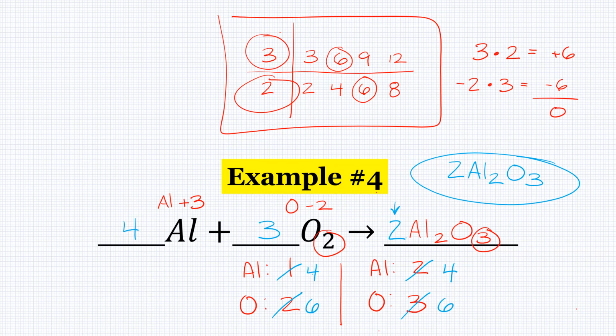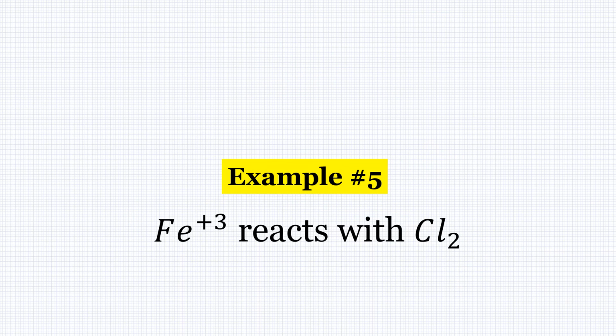All right, we have one final example here. Iron reacts with chlorine. So in this example, you have to write out the whole thing. So we've got iron reacting with chlorine, Cl2, and we don't know what that's going to give us, but let's go ahead and do our charges. It tells us that we have iron 3, so +3, and chlorine.